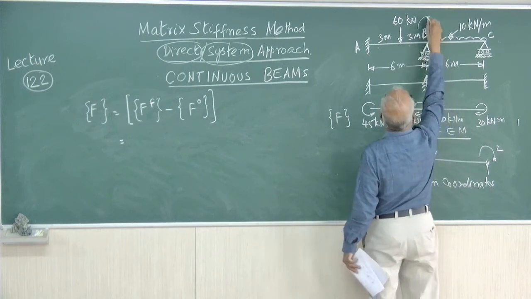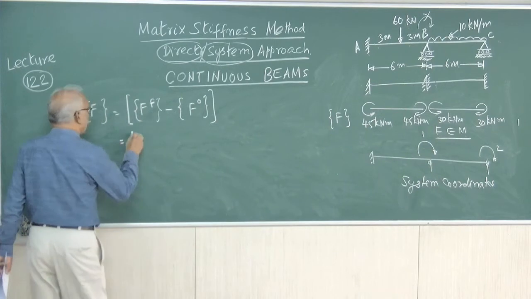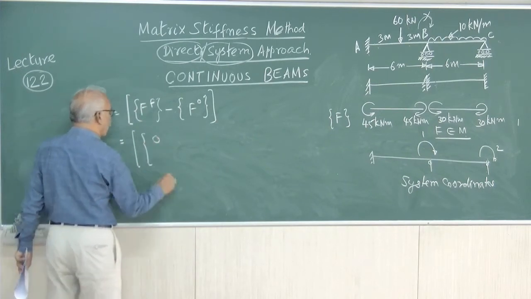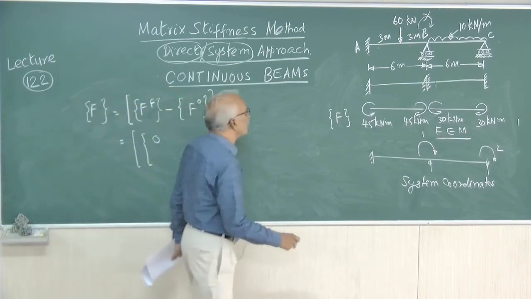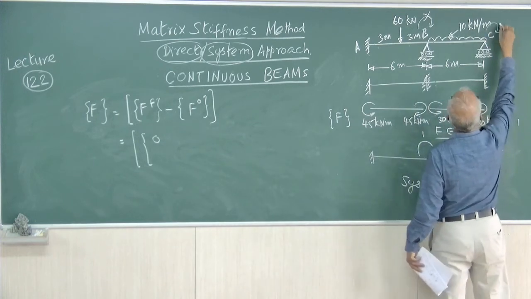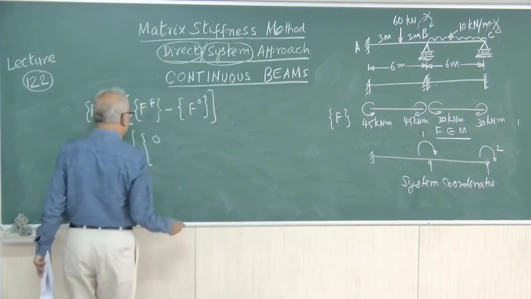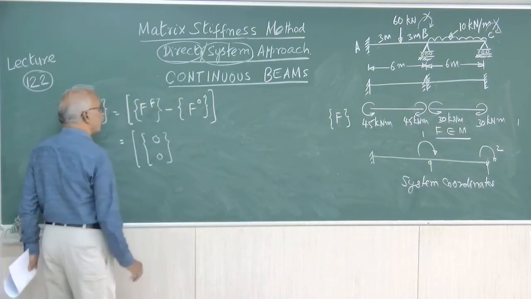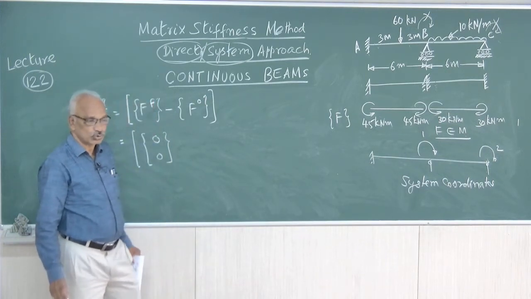Now, here it is not given in our problem, therefore along coordinate 1 there is no external moment. Along coordinate 2 also there is no external moment. Therefore, f of f equal to 0. That means there are no external moments along system coordinate 1 and system coordinate 2.